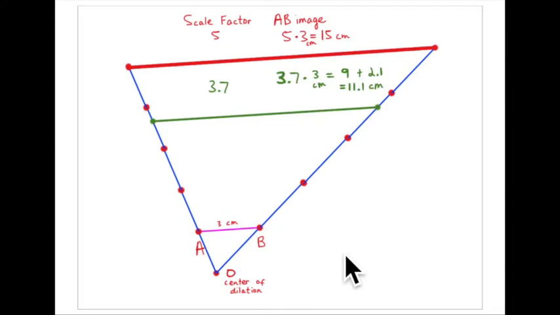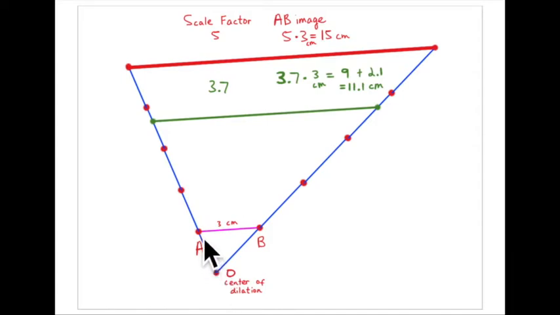All right, the next one is a scale factor of 3 7/10. So that means, remember, this is the unit that's going to get multiplied by the scale factor. So it's 3 centimeters times 3 7/10. No, it's not 3 centimeters, sorry. It's the length A times 3 7/10.